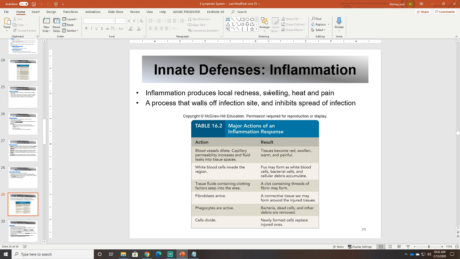All right, so you'll also see swelling. If we increase blood flow, of course, we'll see fluid accumulate in the tissues. Then we see heat and pain associated with inflammation. All right, inflammation can wall off the infection site, and if you wall off the infection site, you stop it from spreading.